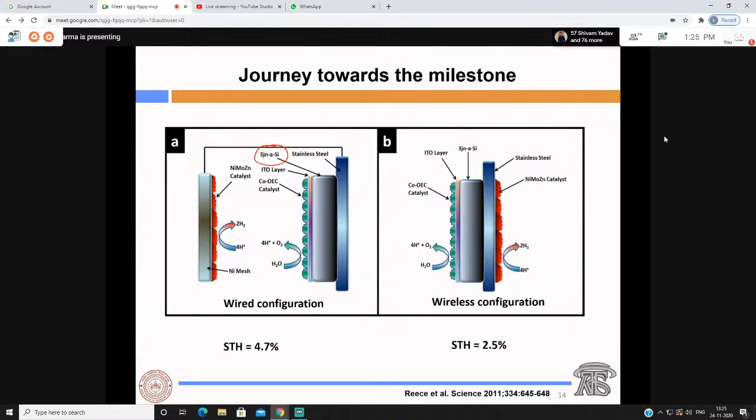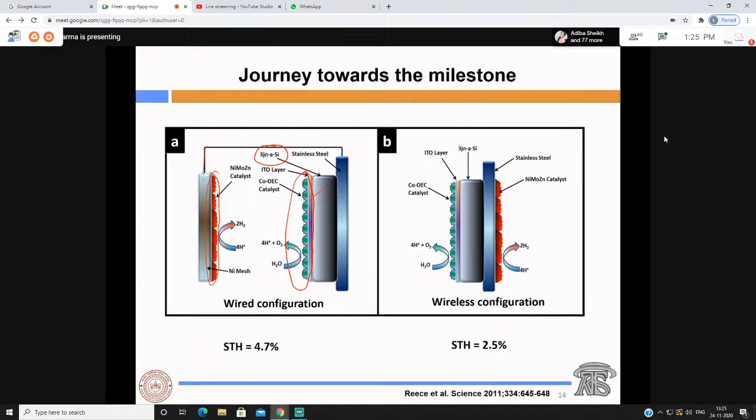He deposited an oxygen evolution catalyst on one surface, and connected the other surface of the solar cell to another electrode where the hydrogen evolution catalyst is deposited. When you shine light over it, it causes the generation of electron and hole.